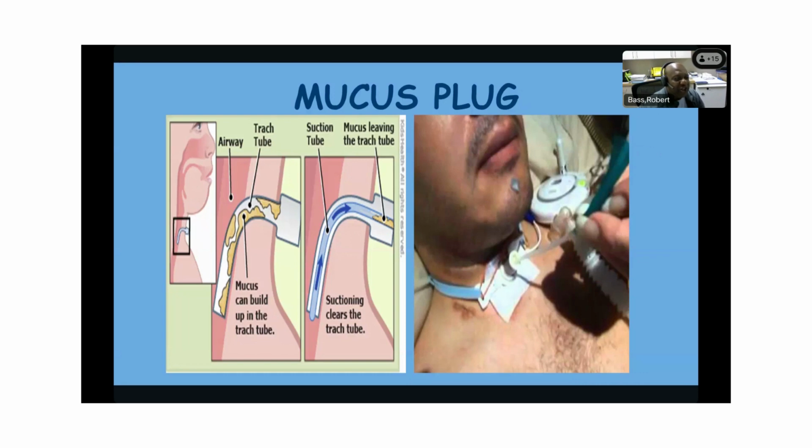Now, I challenge you to check this out. This is considered an invasive procedure. Suctioning a tracheostomy tube is an invasive procedure. As a basic EMT, oh, there you go, McIntosh. Keep that thought.